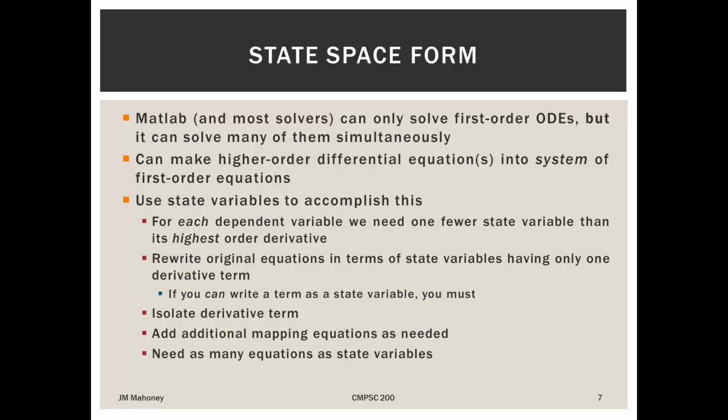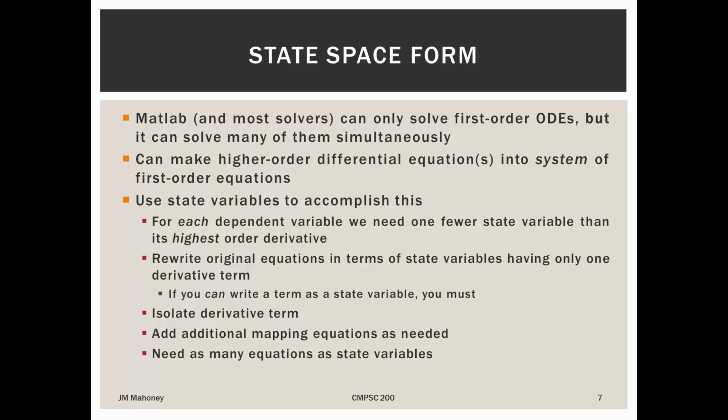And the rule we want to keep here is if we are able to write a term as just a state variable, we must write it that way. And we'll see how we have this choice in the following example. We then want to take those equations that we rewrote and isolate the derivative term. So we want just a derivative term on the left-hand side, and the right-hand side expressed as our state variables and things that are functions only of time.